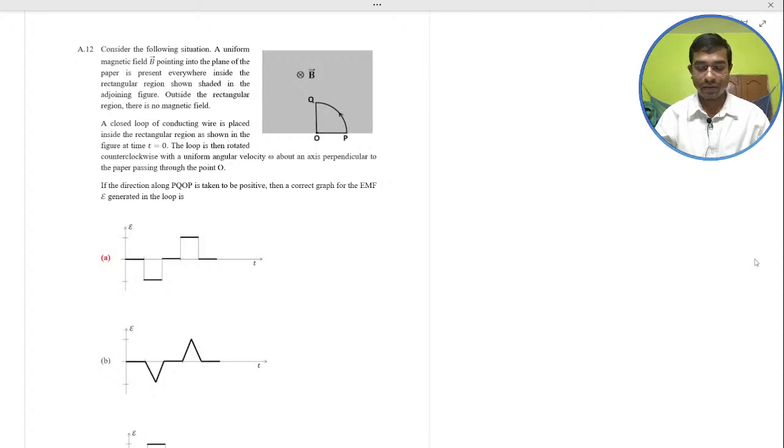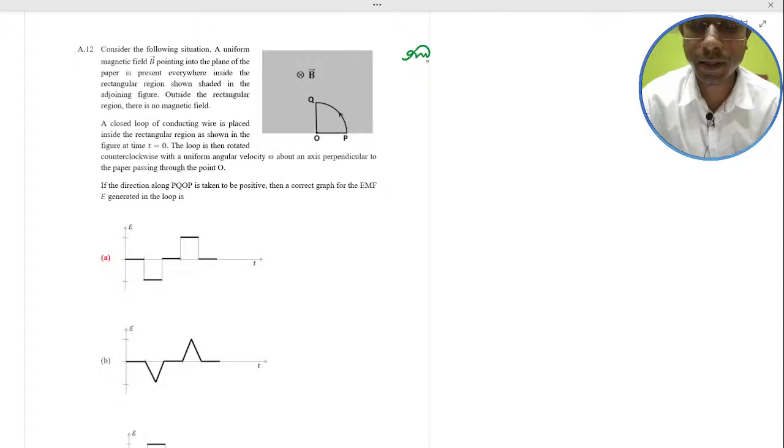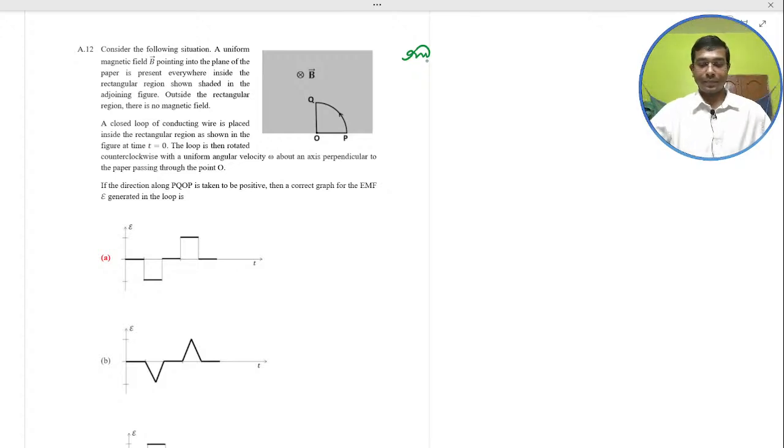From electrodynamics, the induced EMF epsilon is d phi by dt.